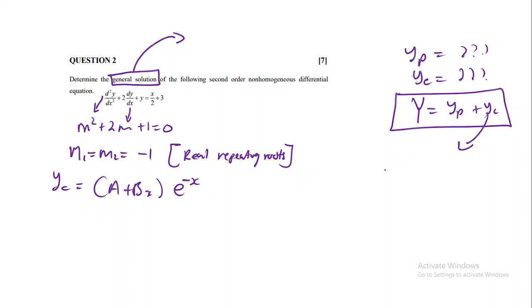Remember, according to the table which we discussed yesterday, if you are having real distinct roots, your yc will be a e to the exponent alpha x plus b e to the exponent beta x, because you are having real and distinct roots.